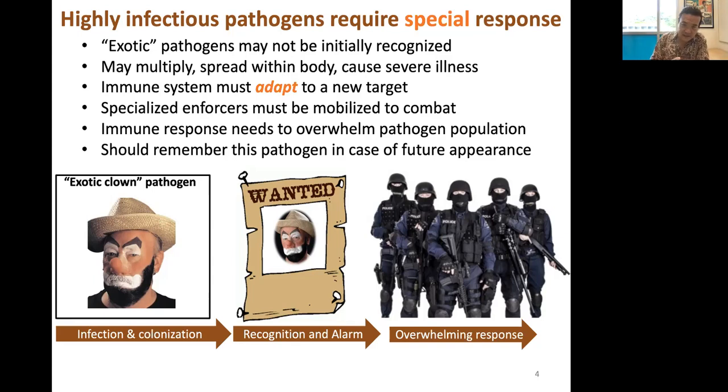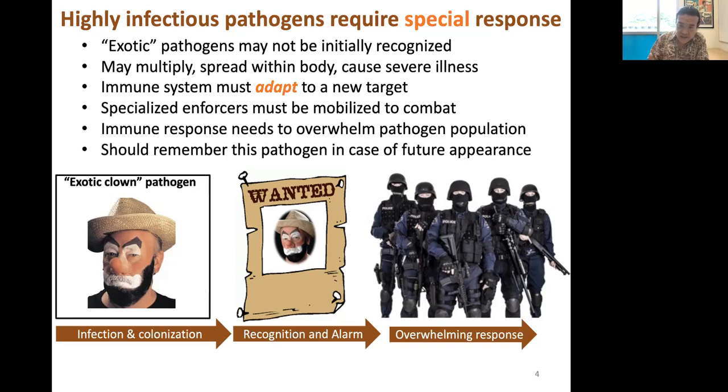And importantly, your adaptive immune response should remember this pathogen in the case of a future appearance. Because if bad clown here does have a chance to really start colonizing your body and making you sick, I mean, it's a threat to your health. It's a threat to you staying alive.